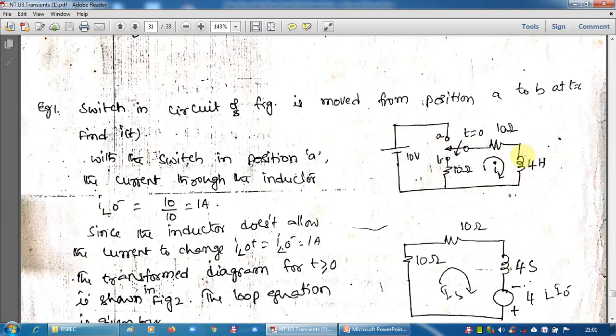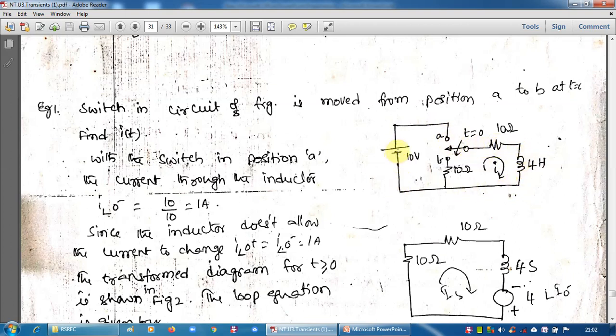Then the inductor will act as a short circuit. Don't confuse, I said so many times in the DC transients. This will also come under DC transient. DC supply, inductor, and that supply is in A position, connected to the circuit for a long time. Means the inductor is a short circuit. If the inductor is short, then 10 volts and resistance is 10 ohms, that's all.